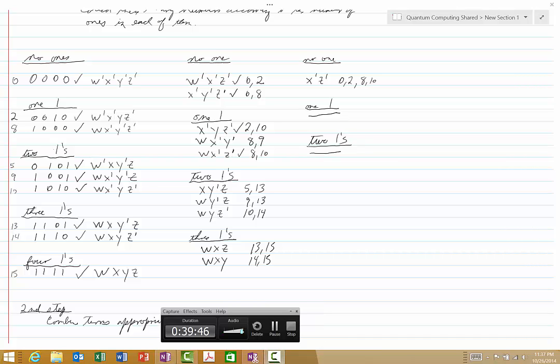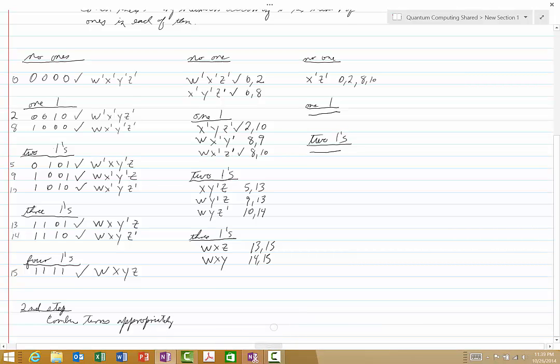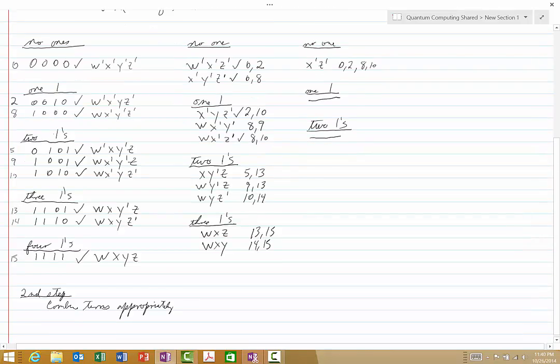So now that we have reached the end, notice that we don't need to write any more columns. We don't need to go any further because clearly we couldn't combine this with anything here, and there's nothing else below that. So we have done as much simplification as we can, and that concludes step 2.